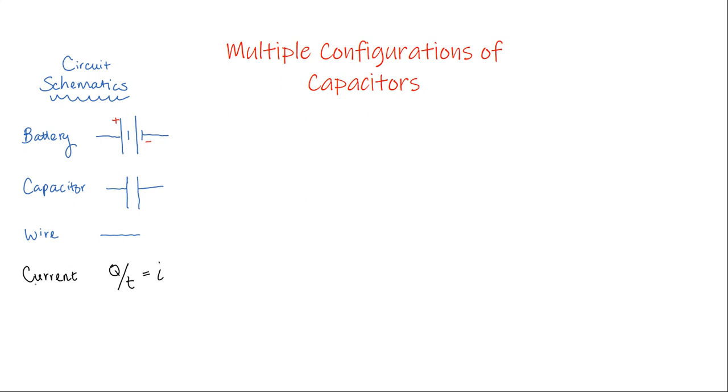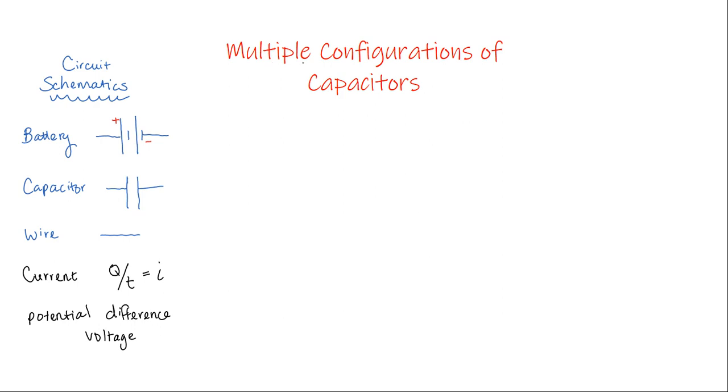Now remember, in order to have moving charge, in order to have a current, I have to have a potential difference of some kind. There has to be something that keeps a potential difference across the conducting path. If there's no potential difference, which we also know as voltage, between the two points, then there'd be no current between those two points. And that's the role or the job of the battery. It is to provide the potential difference across the entire circuit.